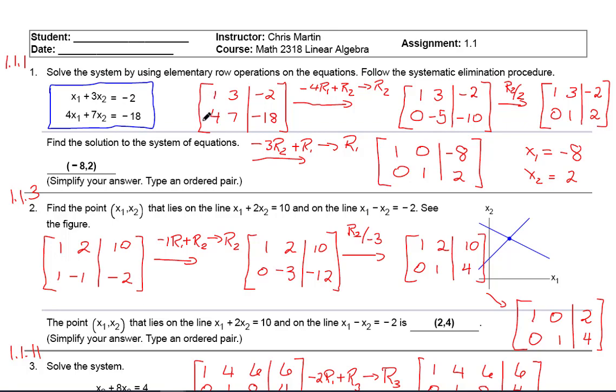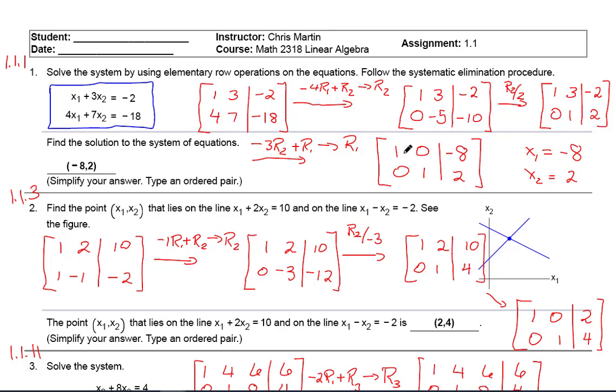So swapping rows is a good thing to do. We can multiply any row by any non-zero number. Similarly, you could divide a row by a number. And we can add two rows together to form a new row. So this is how we start off.